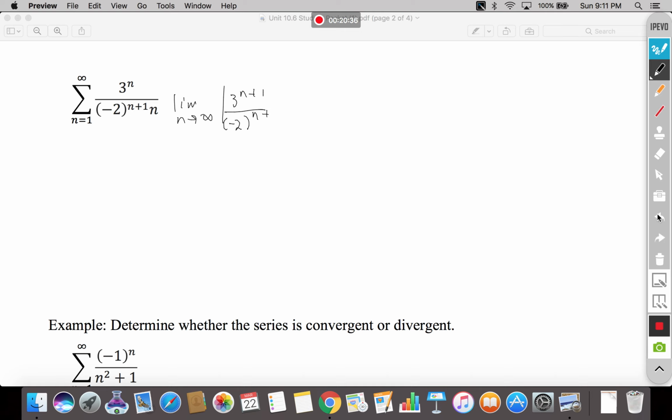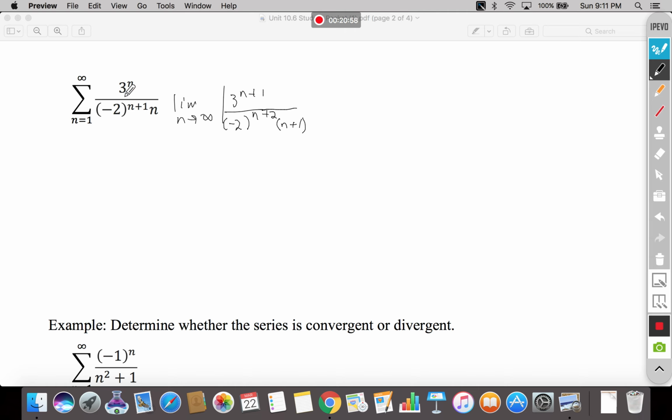Oops, meant to write n plus 2 to simplify that, right, to the n plus 2. Times n plus 1 there, right? Okay, there we go. So I've added n plus 1 to everything.